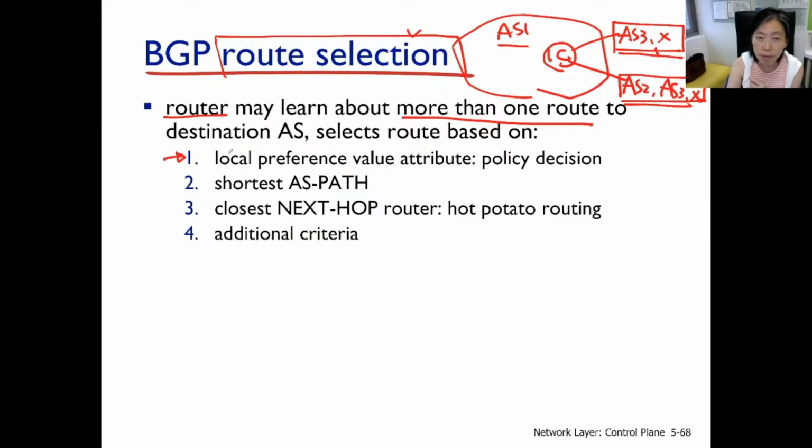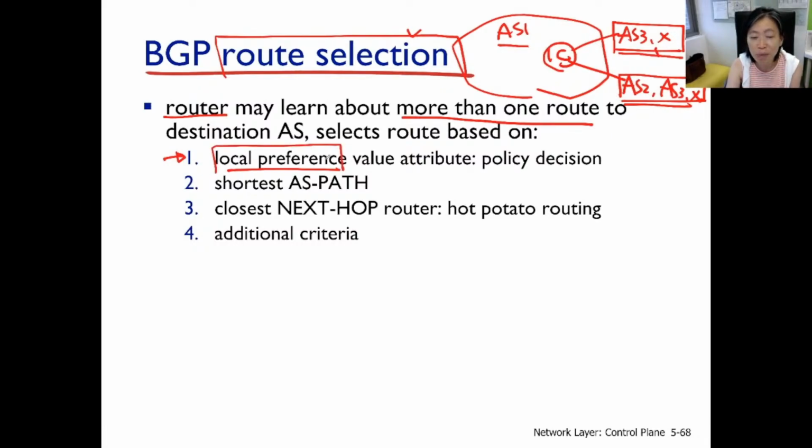The process is like this. Step number 1, check the local preference of these routes. If you recall earlier, a route is composed of the destination network's prefix and a set of attributes. We know that AS path is one attribute, next hop is one attribute, and there's one more attribute called the local preference.